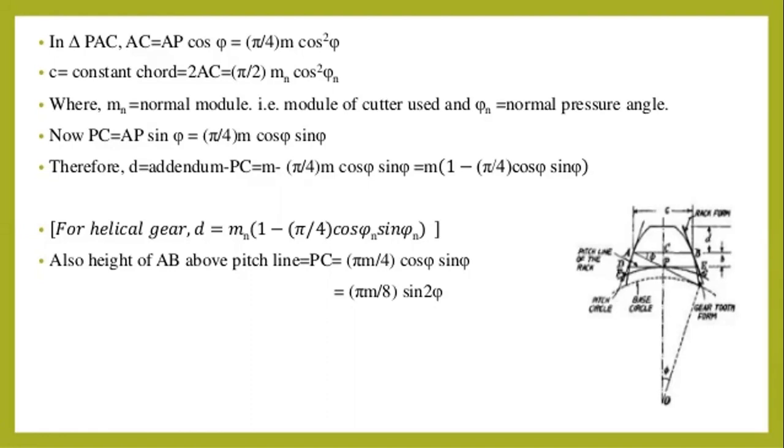So in total we get it as pi m by 8 into sin 2 psi. So this is the constant chord method. In this constant chord method, we take the same chord for all the teeth.